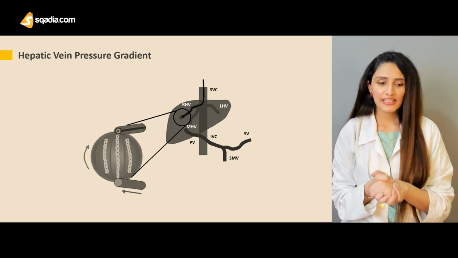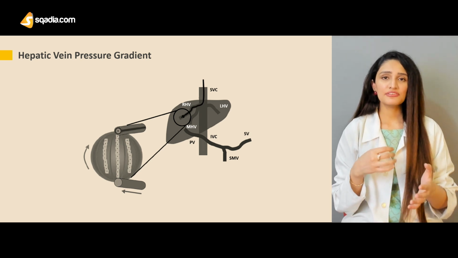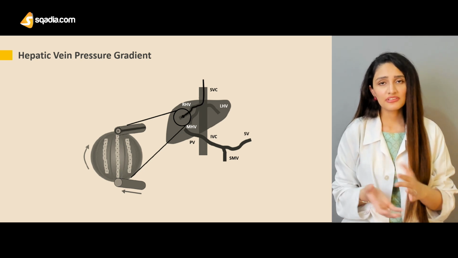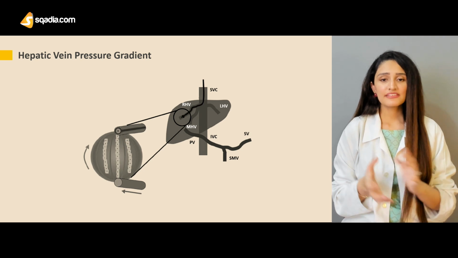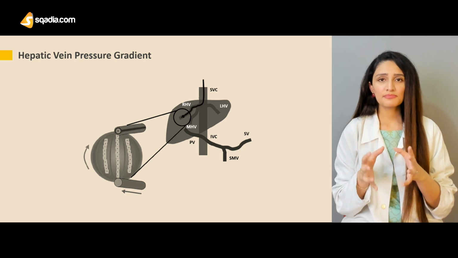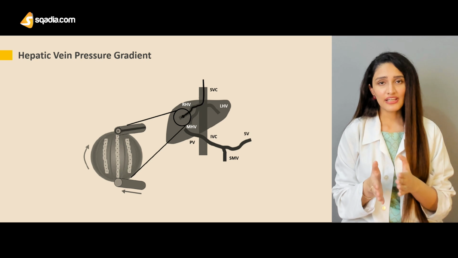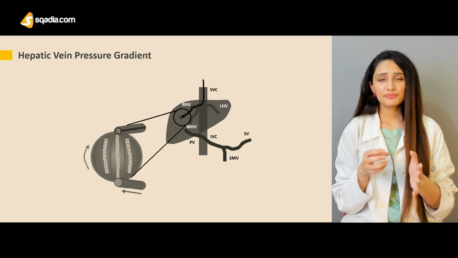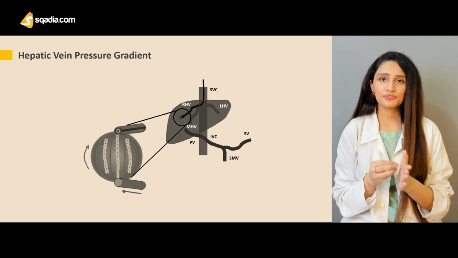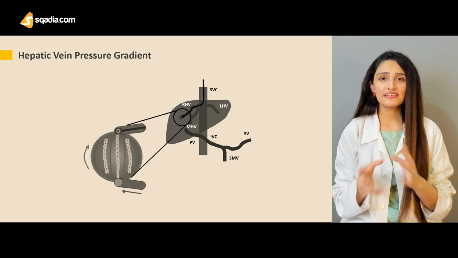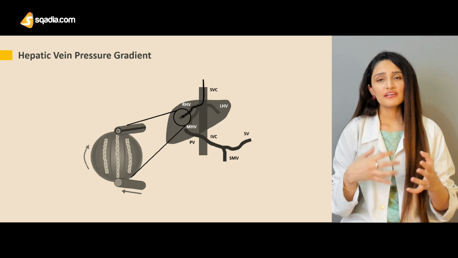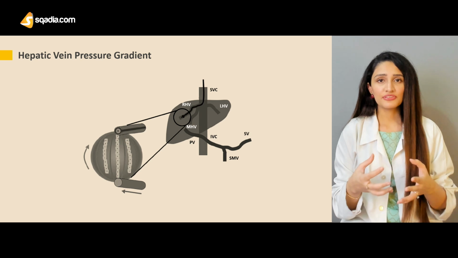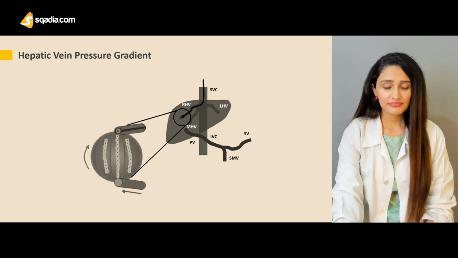We usually do this through the femoral vein or through the transjugular approach, and this forms a column between the catheter and the wall of the hepatic vein. The pressure that is applied through to the catheter is then noted as the pressure of the portal vein.